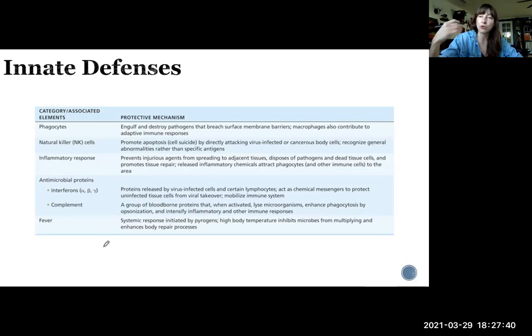It also increases your metabolism, which increases the speed of your immune system. You are going to inhibit microbes from multiplying with a higher temperature. And that metabolism is also going to speed up any body repair processes that are happening. So fever speeds up metabolism and speeds up the immune system. It causes the liver to sequester certain important nutrients that the microbes might actually need.